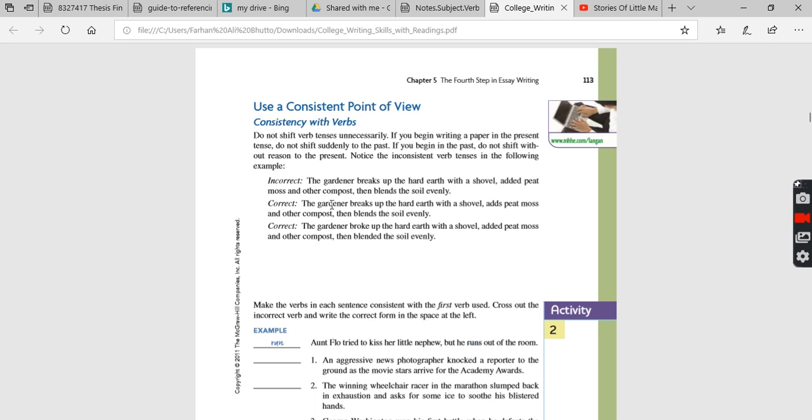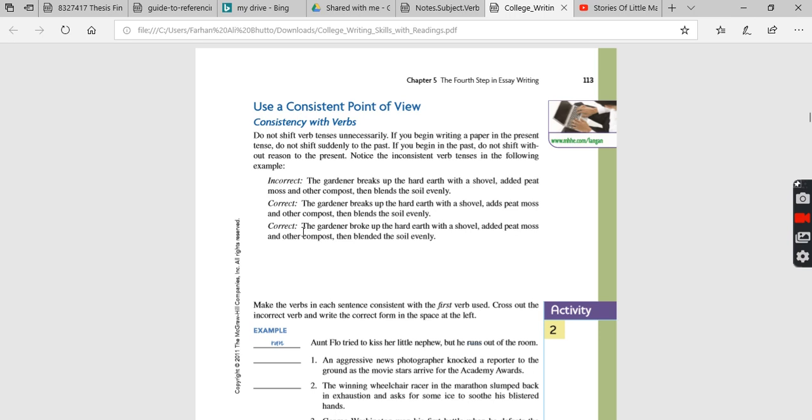So how can we make this sentence correct? There can be two possibilities. One, the gardener breaks up the hard earth with a shovel, adds peat moss and other compost, then blends the soil evenly. Now here, you have all the verbs in present. Instead of having one in present and the other in past, you have got all the verbs in present.